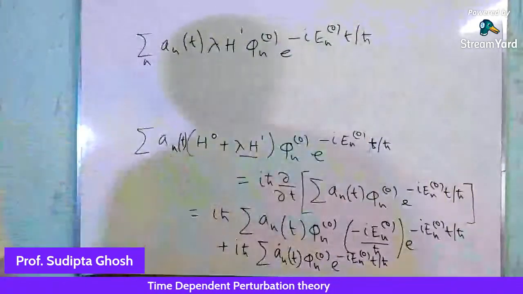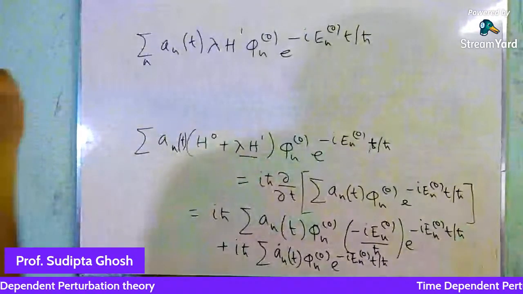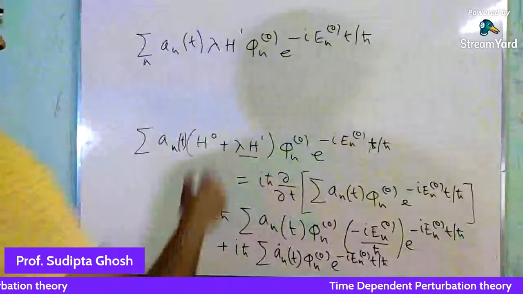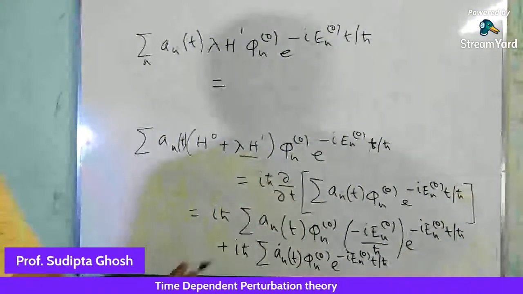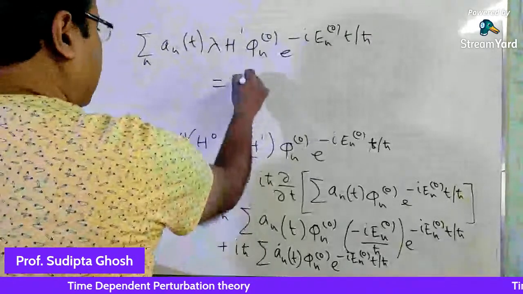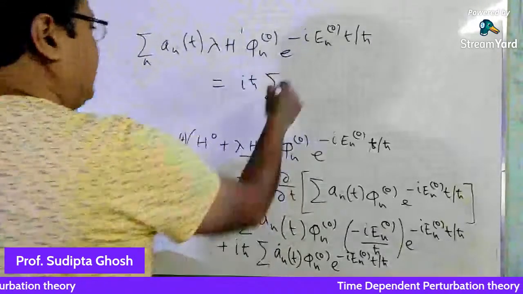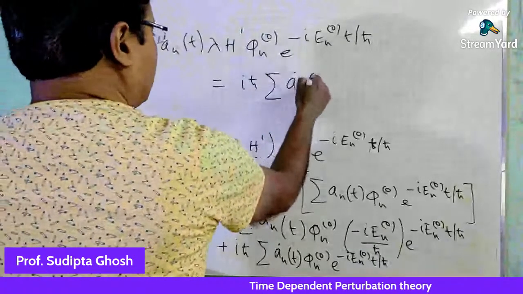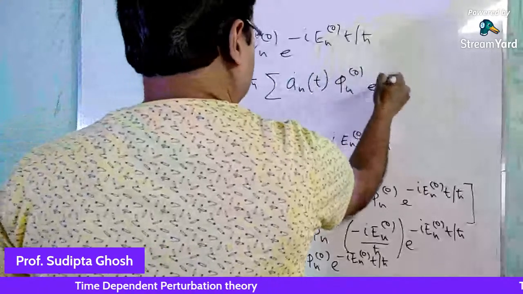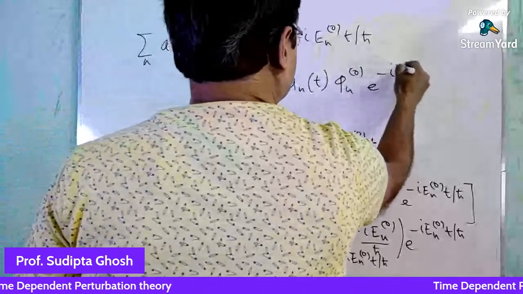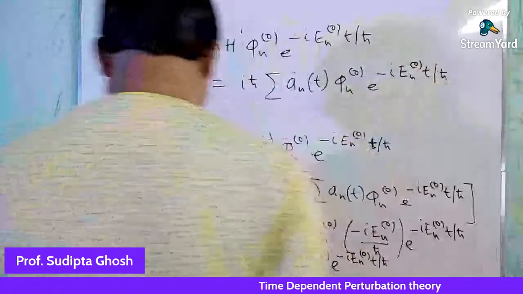So this is the term left in the left hand side of the equation, and the term that remains in the right hand side will be i h cut summation a n dot t phi n0 e to the power minus i En0 t by h cut.